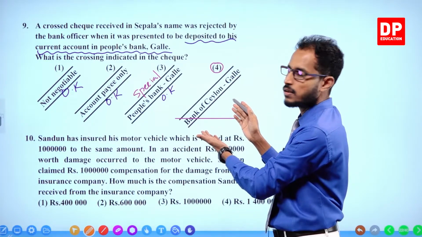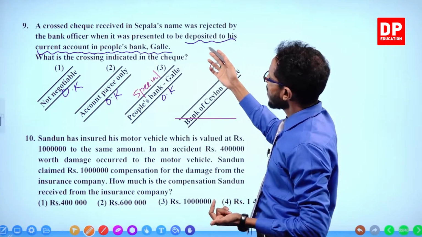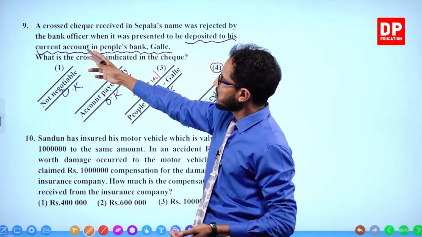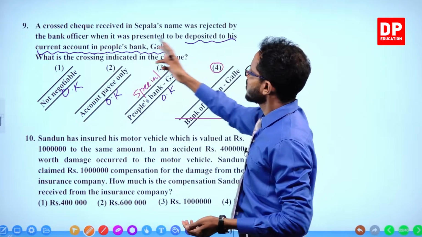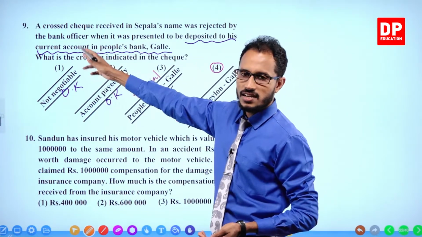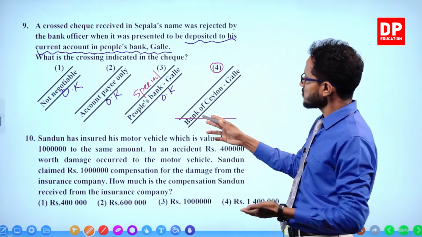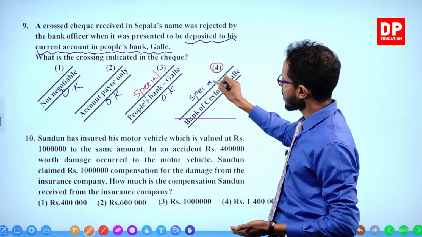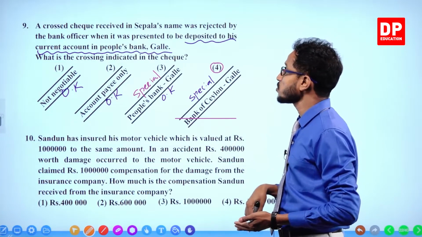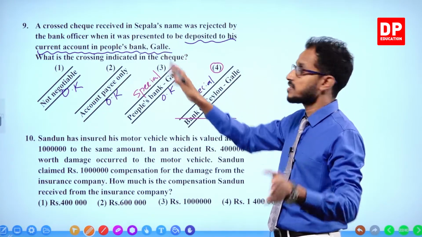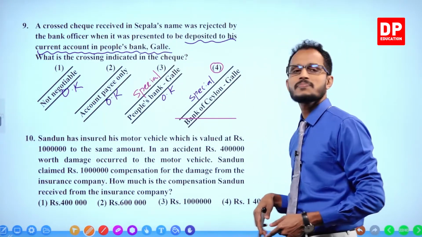Why? Because Sepala has gone to People's Bank Galle. His current account is there. This crossing is for Bank of Ceylon. This is also a special crossing, but for Bank of Ceylon. So that is why People's Bank, when they got the check, rejected it, because this crossing is there.